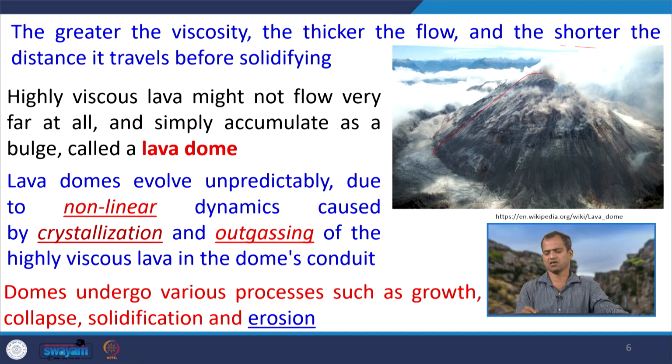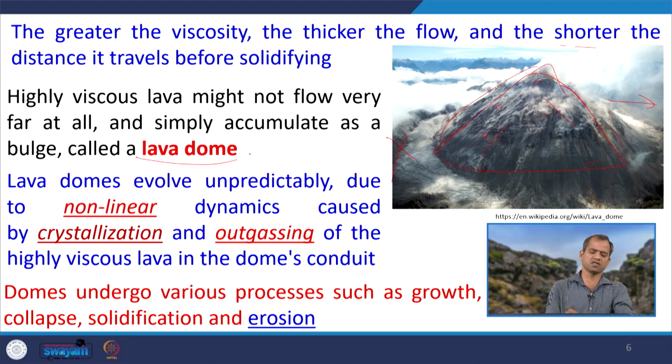If you see here, high viscosity lava is not able to travel a long distance, so it is just piling up near the volcano and forming a cone shaped material just near the volcanic system. It is a lava dome. The evolution of lava domes is unpredictable because of non-linear growth.